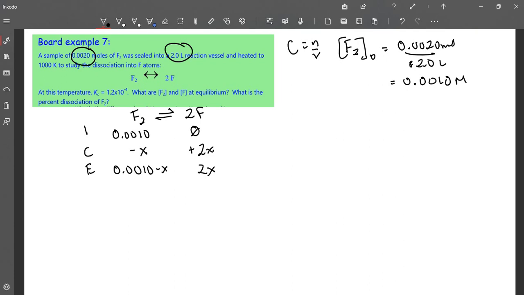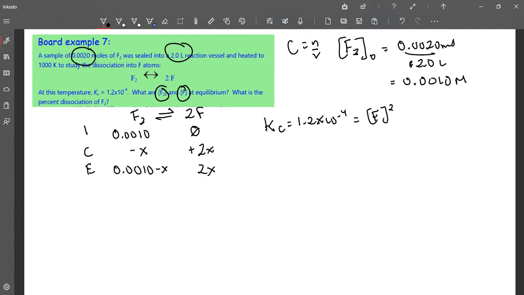Now it's asking us to figure out what the concentrations of these substances are. So we're going to have to figure out what x is. Okay, so what we know so far is that we have a Kc value of 1.2 times 10 to the negative 4. We also can write an equilibrium expression, right?